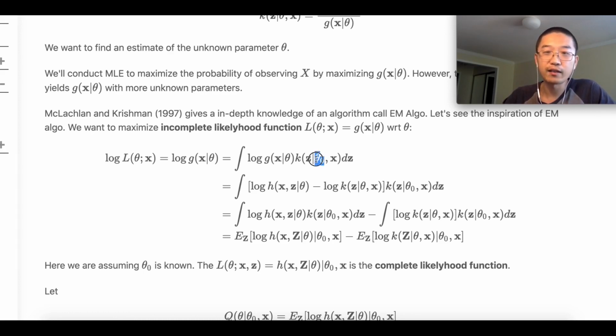So given any initial theta 0, we'll find a better theta, and then plugging this theta in as the next theta 0, you find another better theta. So this is the fundamental idea of the EM algorithm.